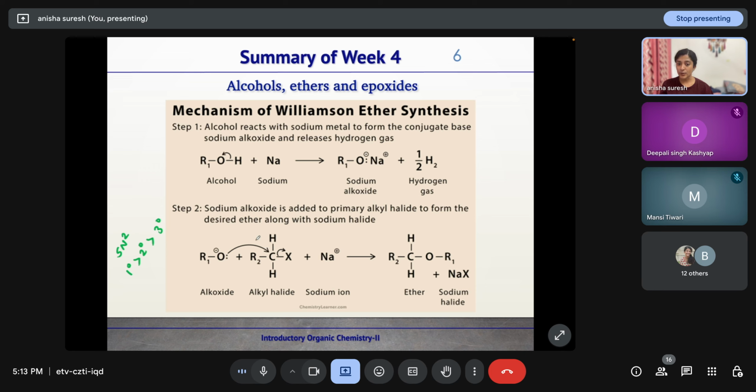Then this alkoxide adds to that carbon, and the halide leaves, leading to formation of the ether and sodium halide. So alcohols react with sodium metal to form the conjugate base sodium alkoxide and release hydrogen gas, and the sodium alkoxide is added to a primary alkyl halide to form the desired ether along with sodium halide. Is it clear? Williamson ether synthesis.